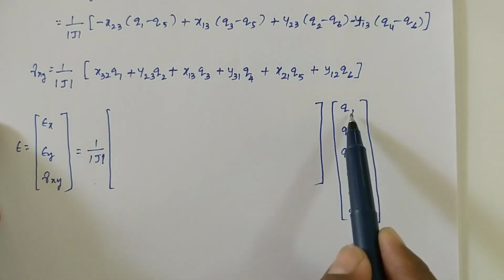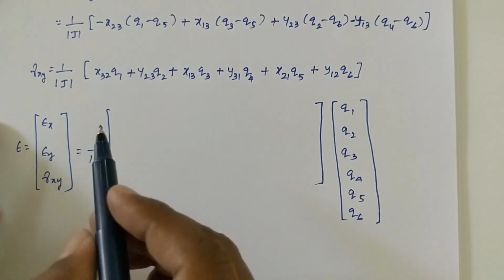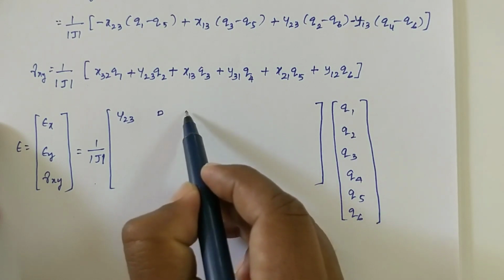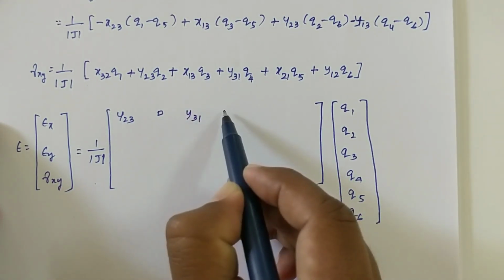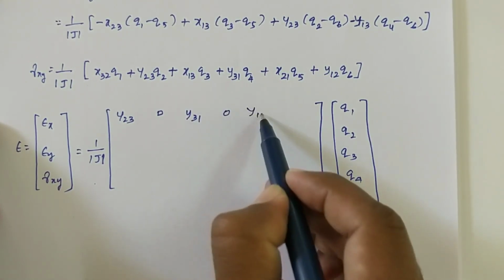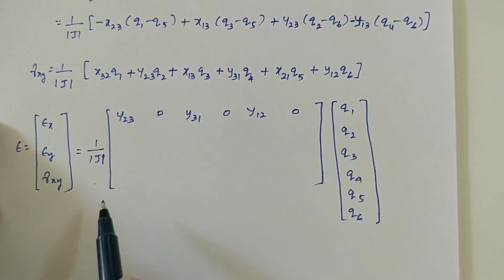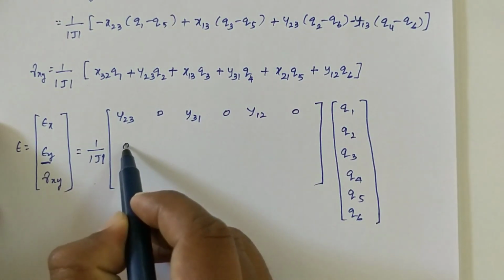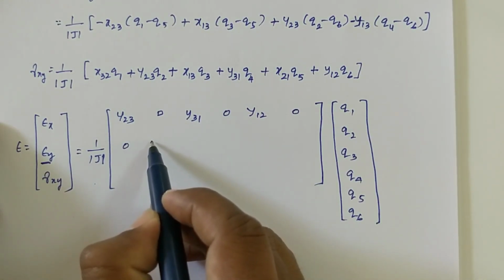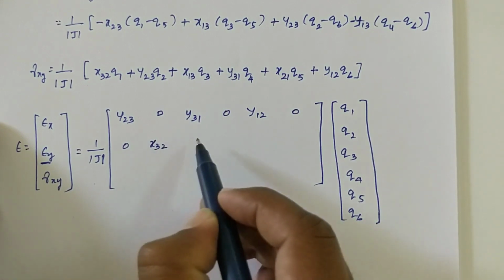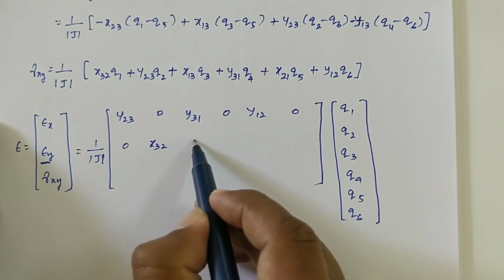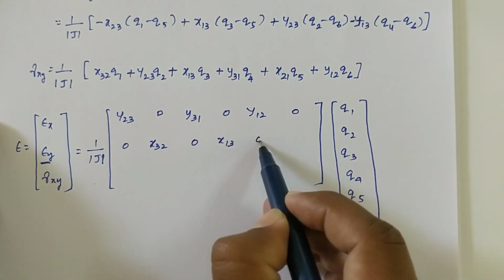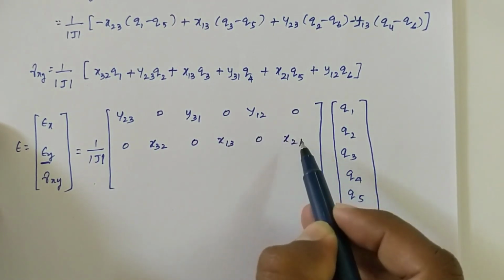The coefficient of q1 in the epsilon x equation is y23, q2 is 0, q3 is y31, q4 is 0, q5 is y12, and q6 is 0. Similarly, in the epsilon y equation, the coefficient of q1 is 0, q2 is x32, q3 is 0, q4 is x13, q5 is 0, and q6 is x21.